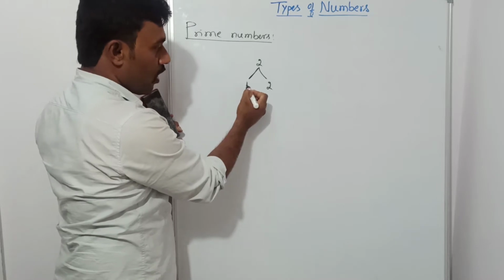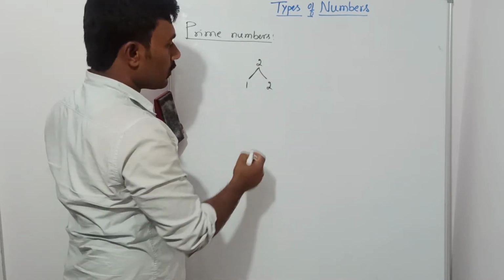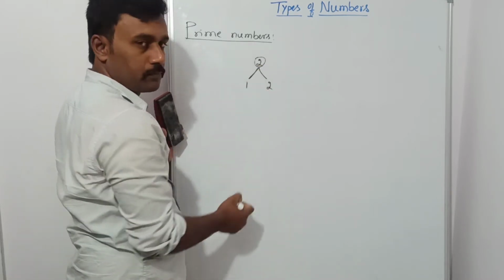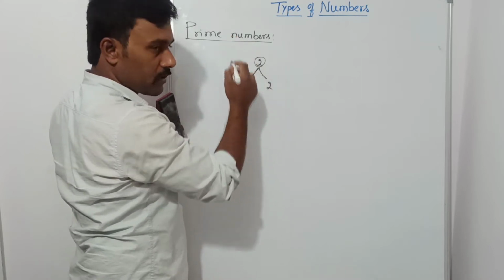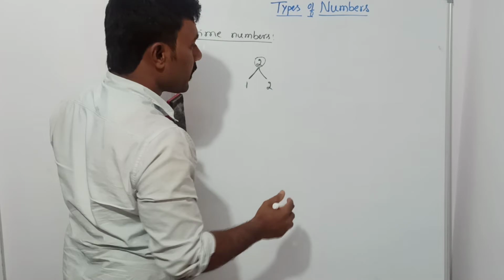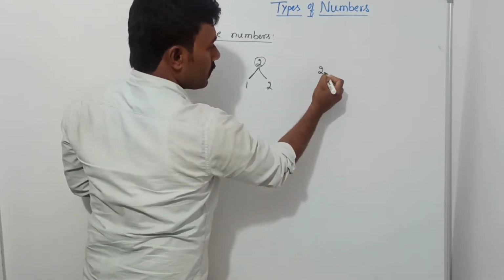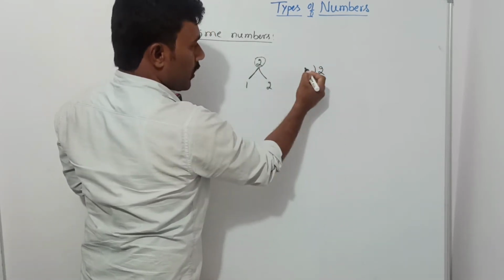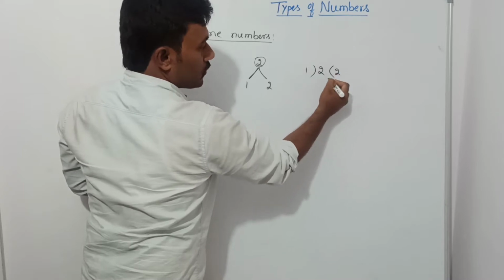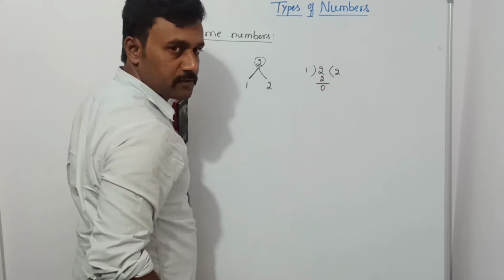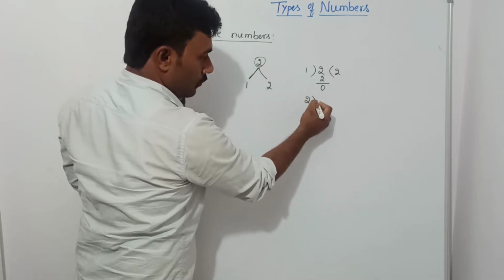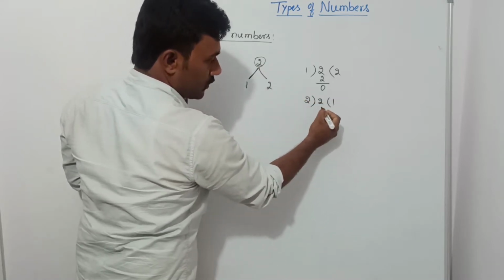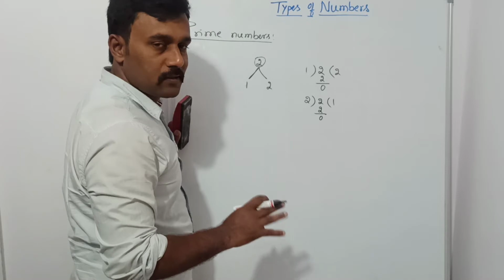Hence 1 and 2 are called factors of 2, because these two numbers divide this number without giving a remainder. For example, if you divide 2 by 1, 1 twos are 2, remainder 0. In the same way, if you divide 2 by 2, 2 ones are 2, remainder 0.